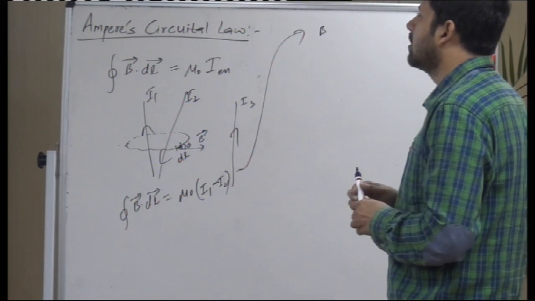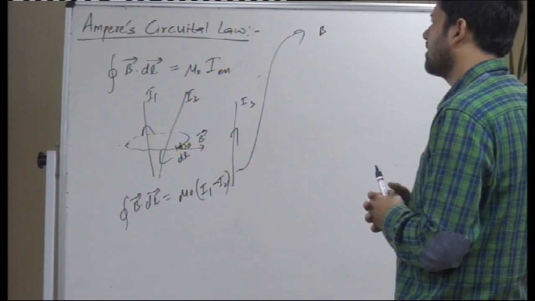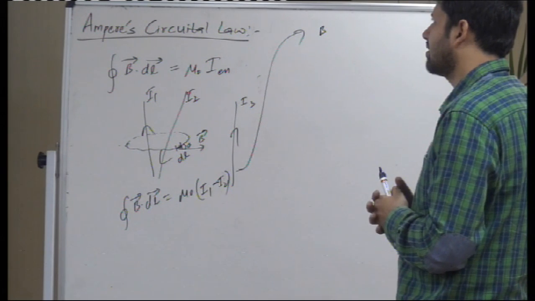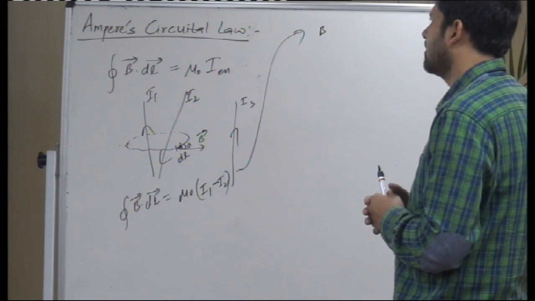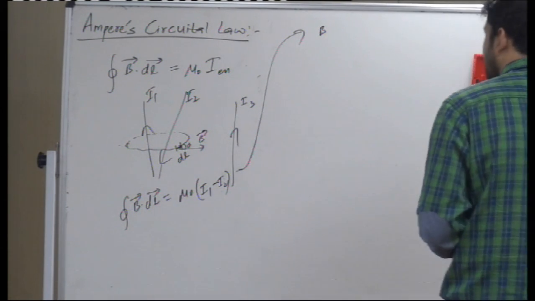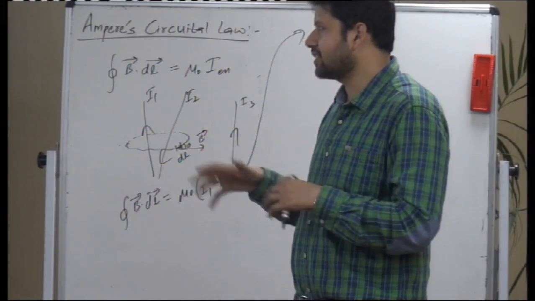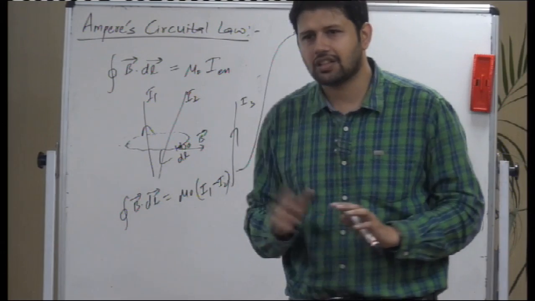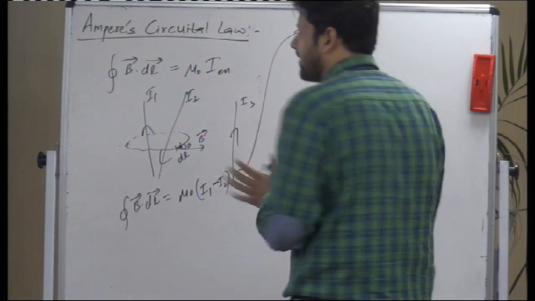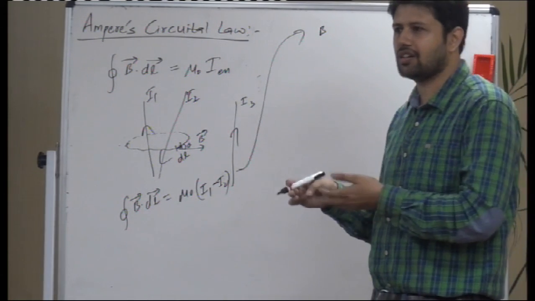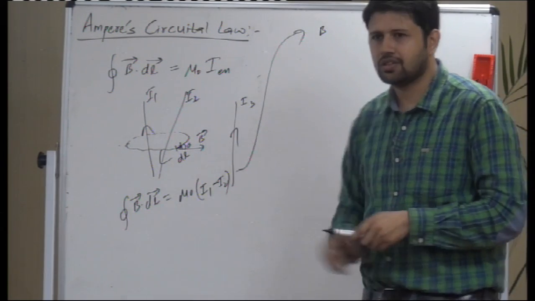Somebody has asked, would the field remain the same? If the doubt is for the cylinder scenario, we would be covering the field due to a cylinder in maybe 15 minutes more. If you have any other doubt, ask, or I can go ahead.